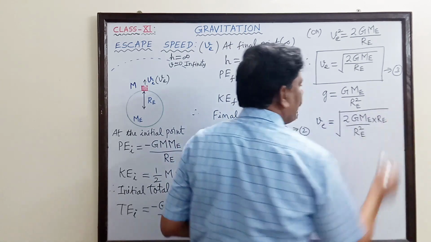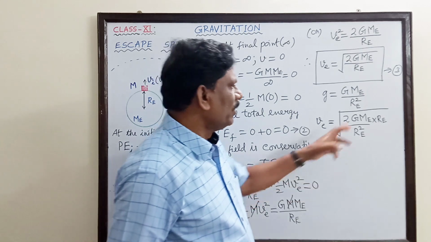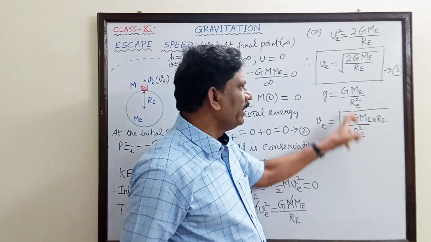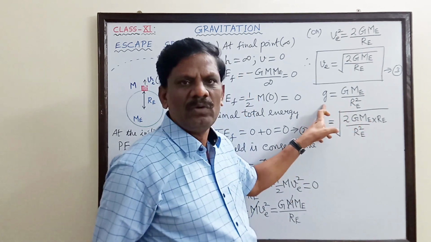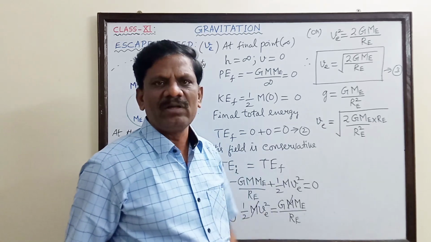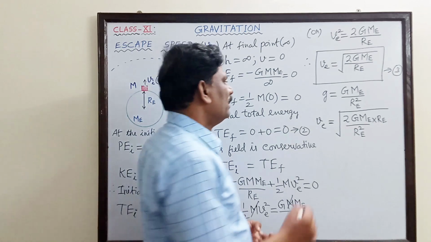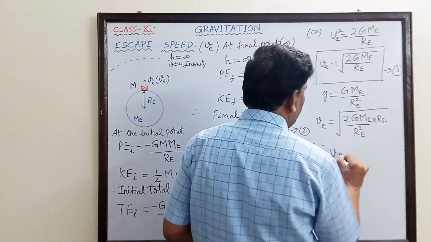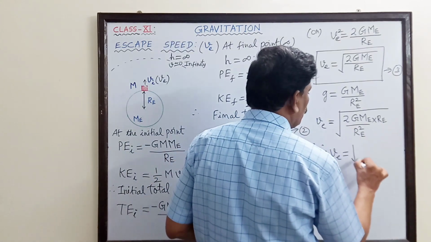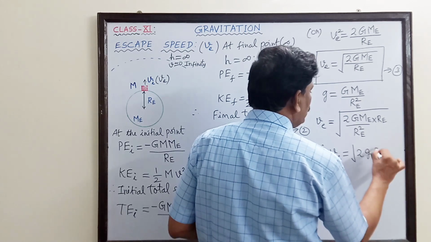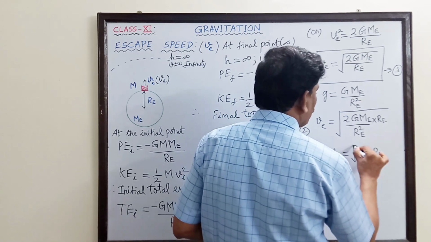RE. Understand that? So now instead of this GME by RE square, what shall I substitute? Acceleration due to gravity on the surface, not only on earth, for any surface also. Therefore, now V escape is equal to the square root of 2g RE.